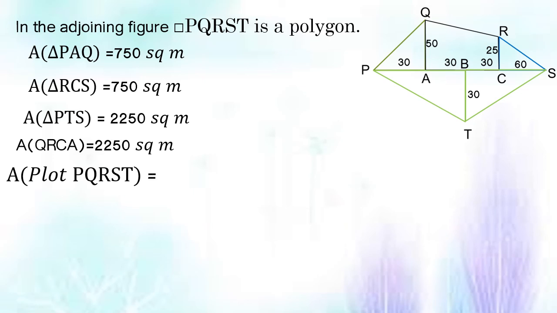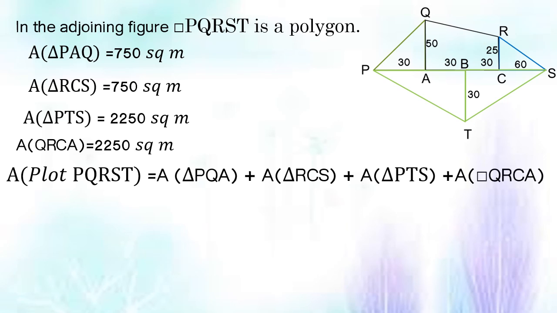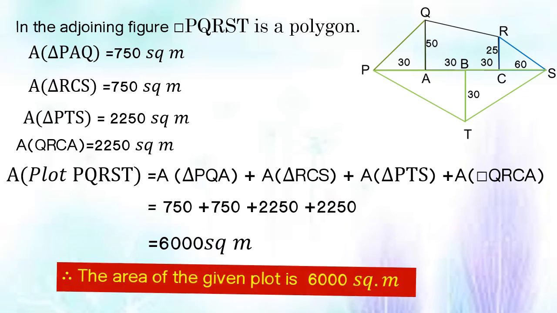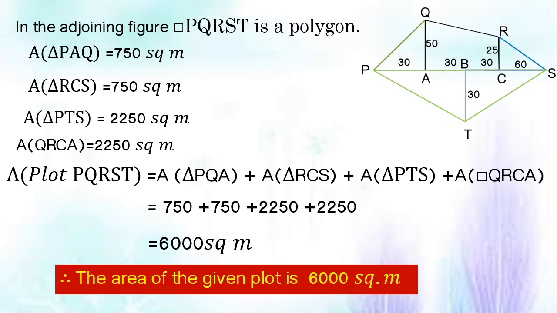Therefore, area of plot PQRST will be equal to, we will add all these, area of triangle PAQ plus area of triangle RCS plus area of triangle PTS plus area of quadrilateral QRCA, which is equal to 750 plus 750 plus 2250 plus 2250. Adding this, we get 6000 square meter. Therefore, the area of the given plot is 6000 square meter.